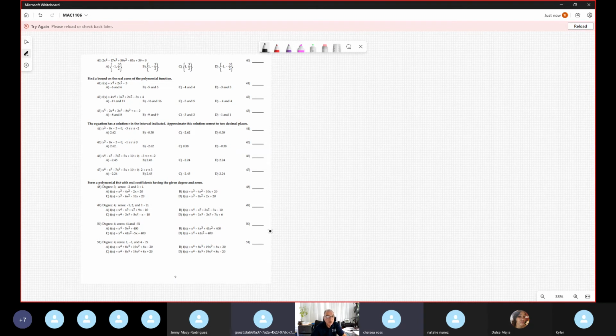Okay. Now 2x to the 4th power minus 17x to the cubic power plus 59. Wow, weird number. x to the 2nd power minus 83x plus 39.